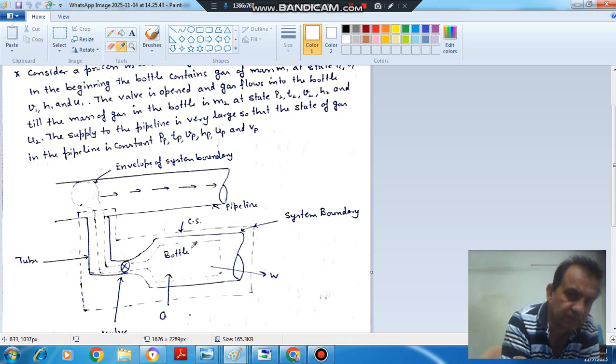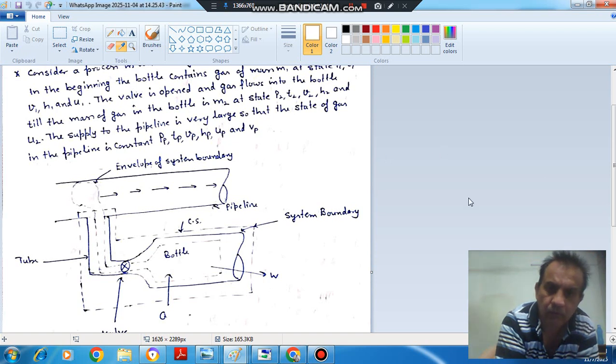Suppose M1 is the initial mass inside the bottle and M2 is the final mass inside the bottle. This mass change is taking place due to the gas whose properties are pressure Pp, temperature Tp, volume vp, enthalpy hp, internal energy up and velocity Vp. Or we can say these are the properties of the gas in the pipeline, where the suffix p stands for pipeline.